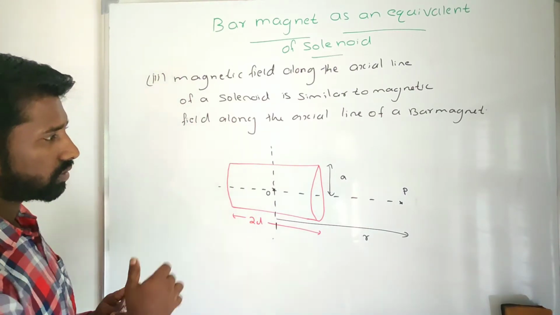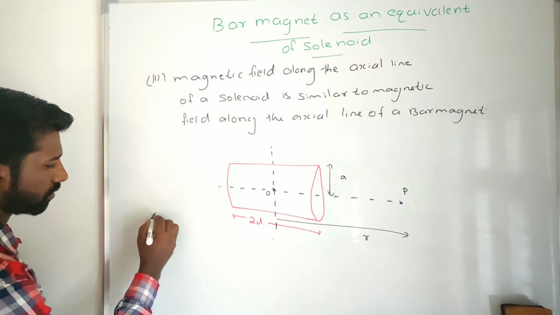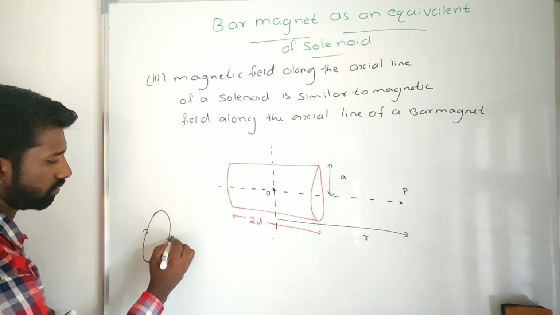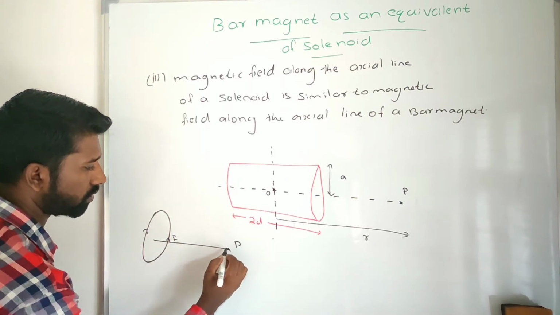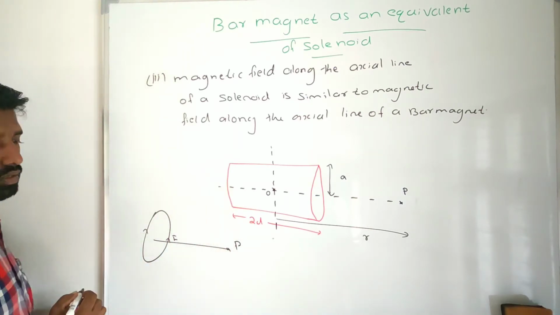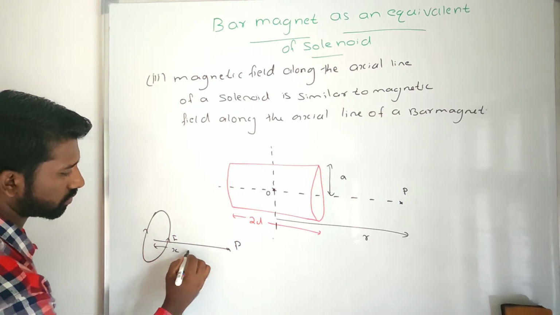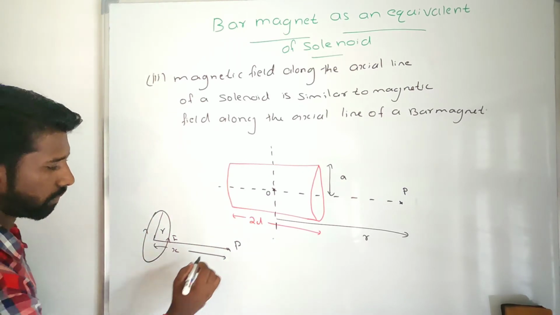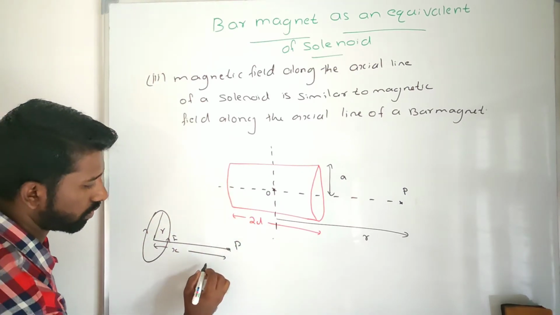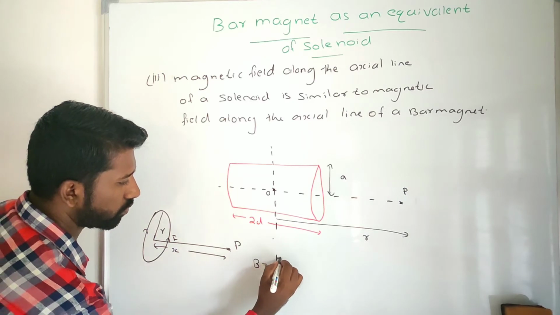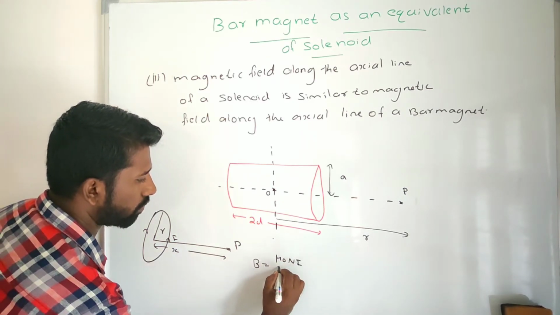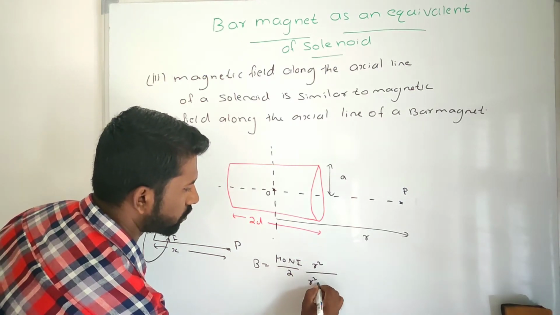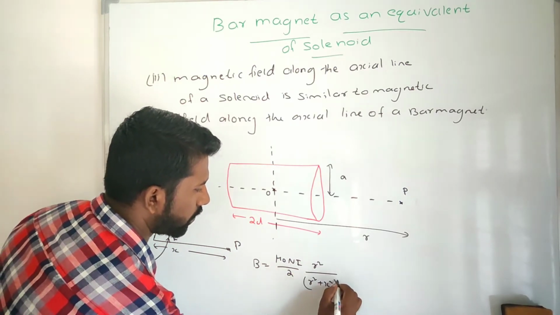If a current flows like this in a circular turn, a point P along the axis of the circle at an x distance, with radius r for the circular turn, the magnetic field at the point P is B equal to mu 0 N i by 2, r square divided by r square plus x square all power 3 by 2.